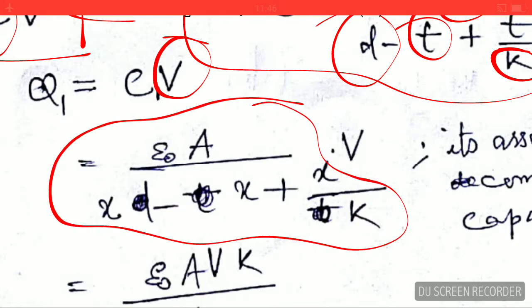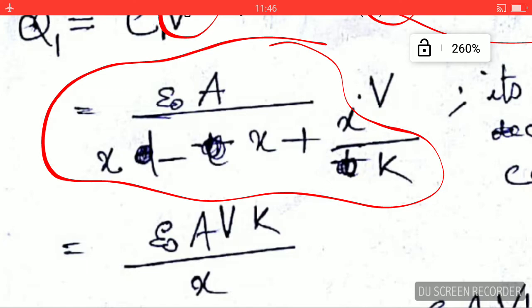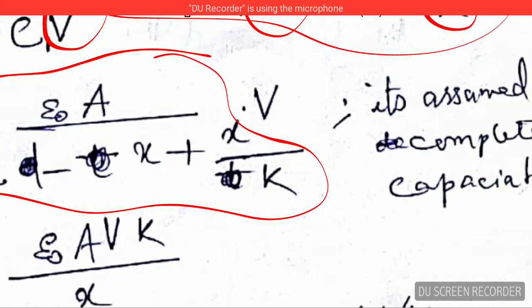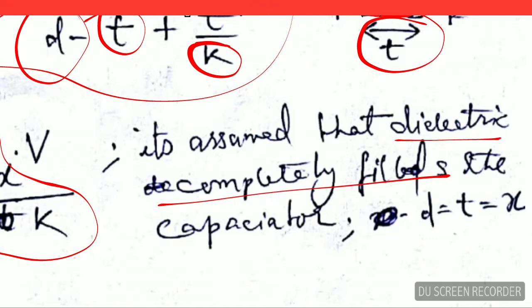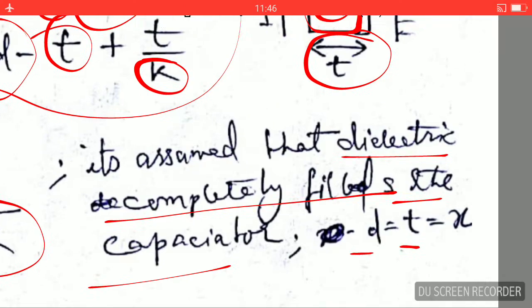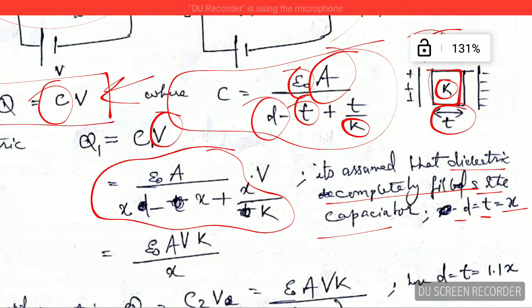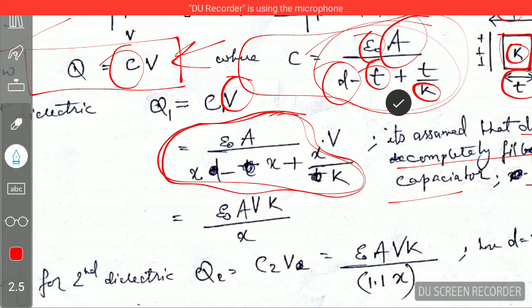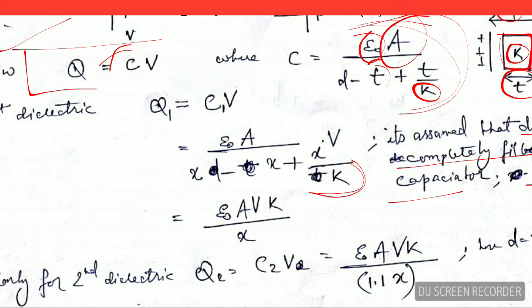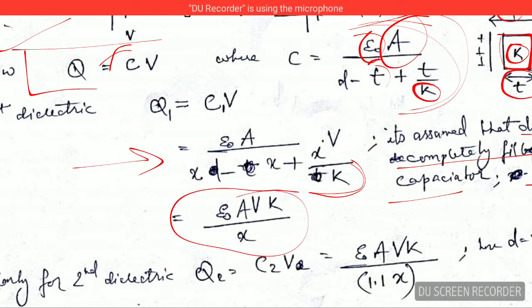As I already told you, the dielectric completely fills the capacitor, so D is equal to t, and it is given that t equals x. Using this formula I can write the capacitance in this way. On further solving this equation you will arrive at this equation.